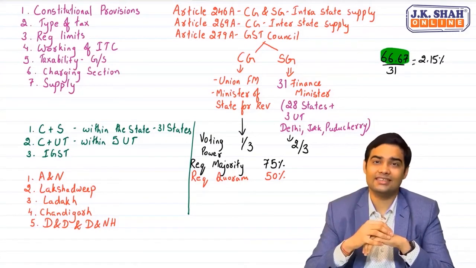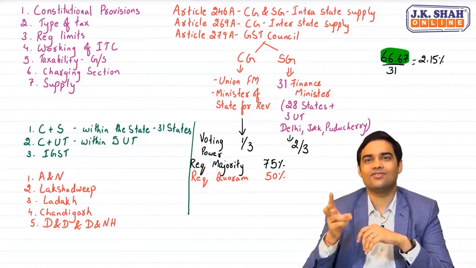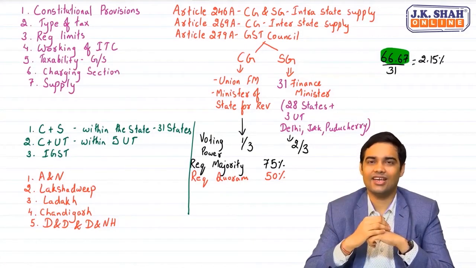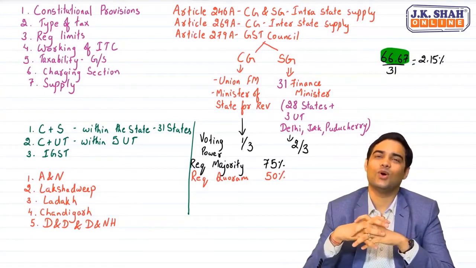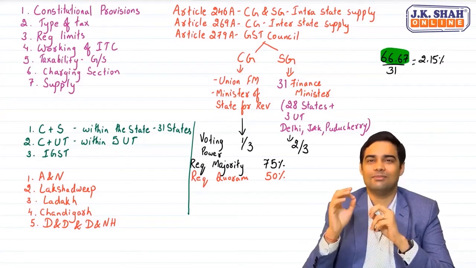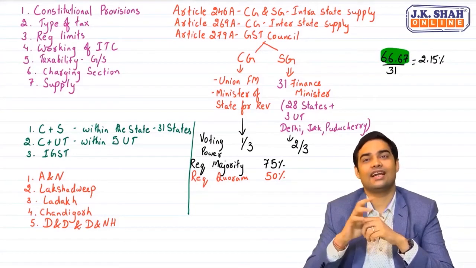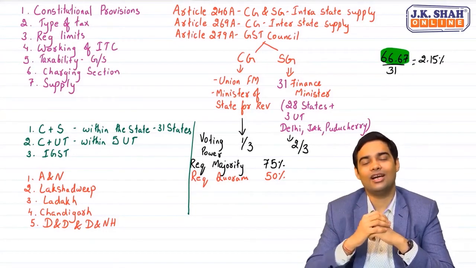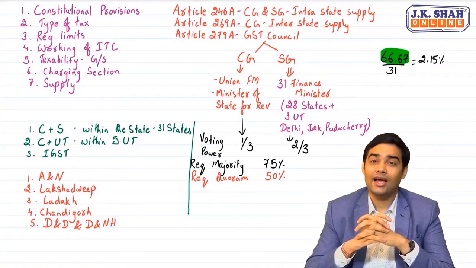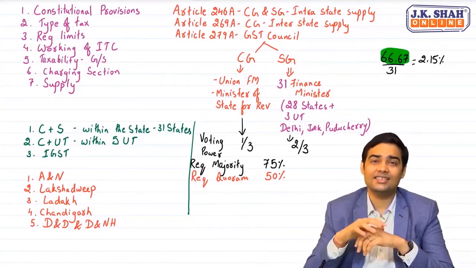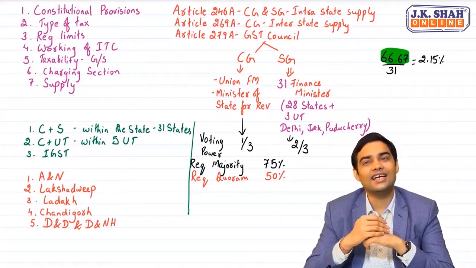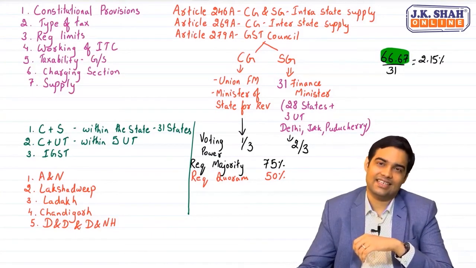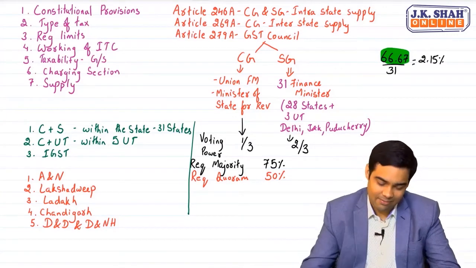Which means that if there is a transaction between Daman and Diu and Dadra and Nagar Haveli, which is at present a single union territory, then what would be charged is C plus UT. If the transaction is within Andaman and Nicobar, C plus UT. But sir, what if the transaction is between Andaman and Nicobar and the place of supply is in Lakshadweep? In such cases, IGST will be applicable.